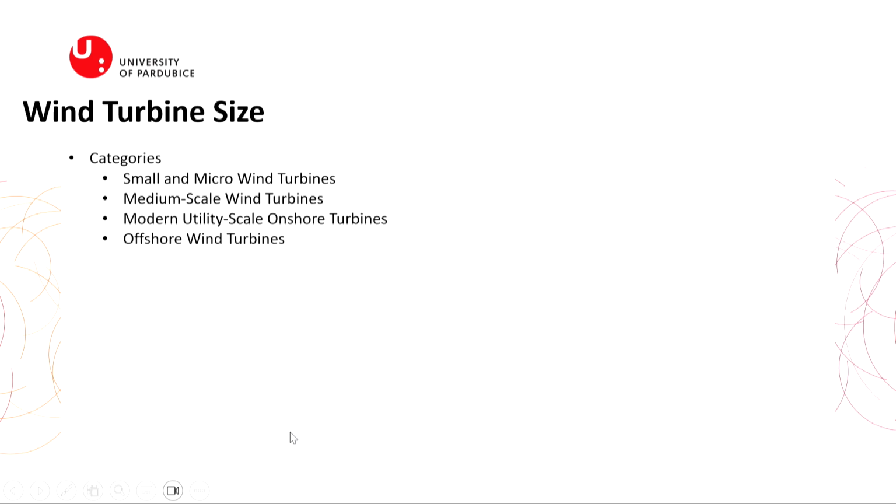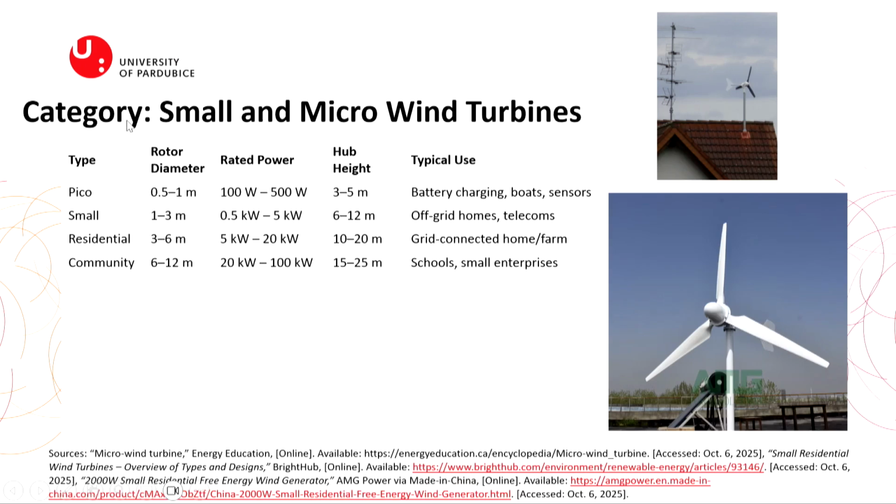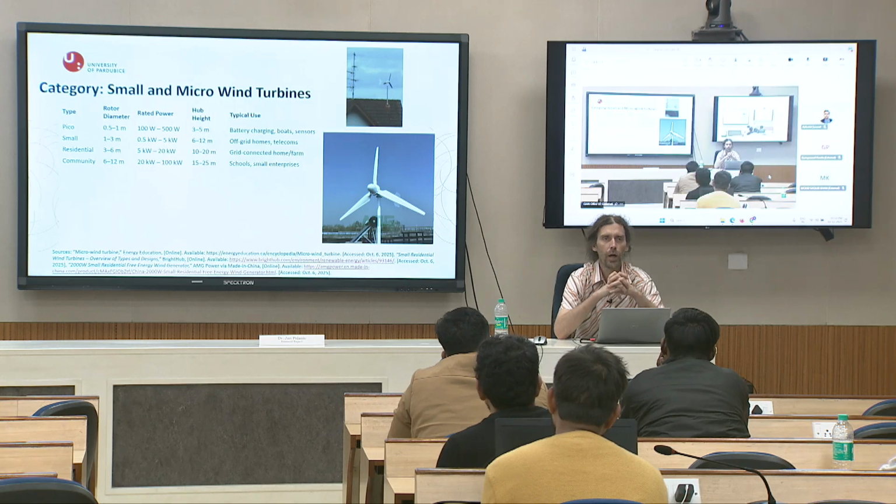Now I will present you wind turbine sizes. We have different categories: small and micro wind, medium, modern utility scale, onshore and offshore. So if you check small and micro wind turbines, it is like this. It is really pico, a really small one. Maybe you will make fun. Why do I consider this? Imagine you have a radar system that detected a UAV.